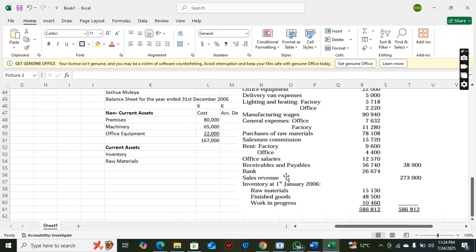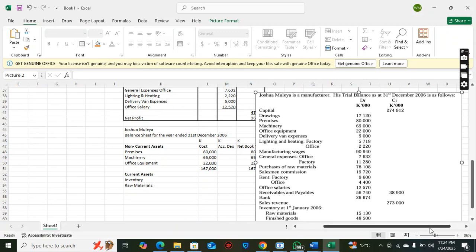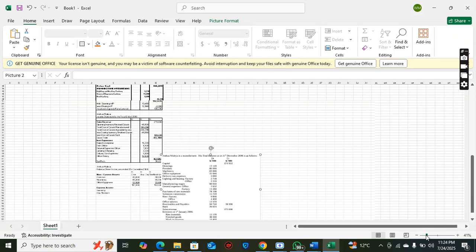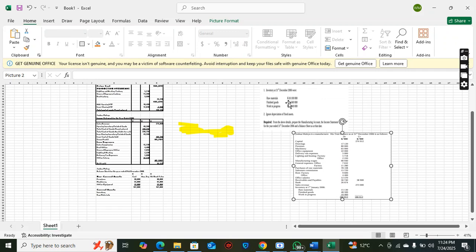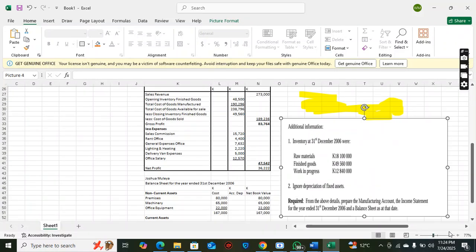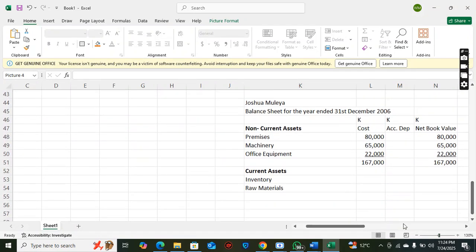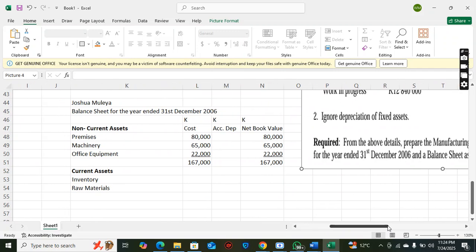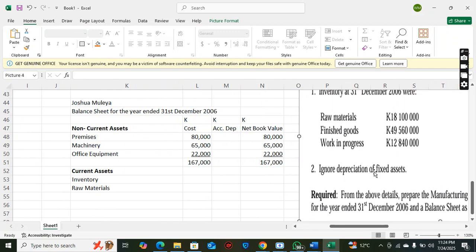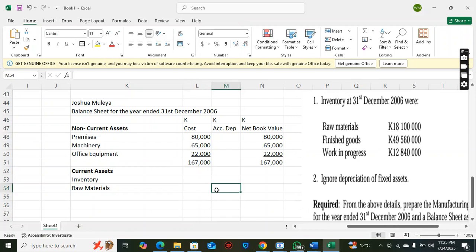Okay, so where's our inventories for the end of the year? Let's see, where did I put that? Okay, so all these amounts, we're going to put them there. Raw materials, 18,100.